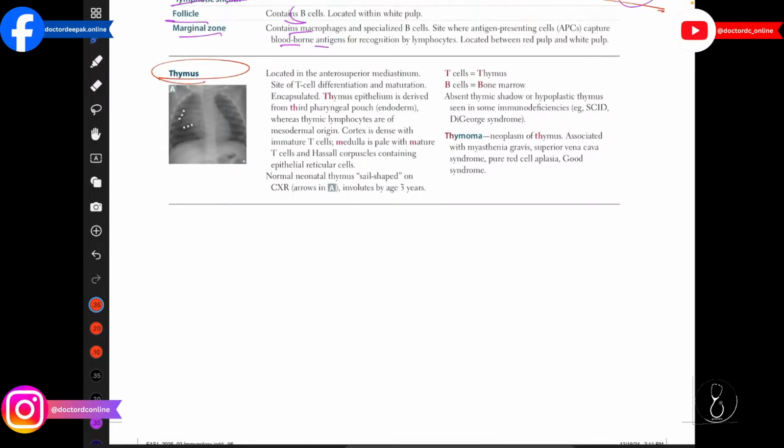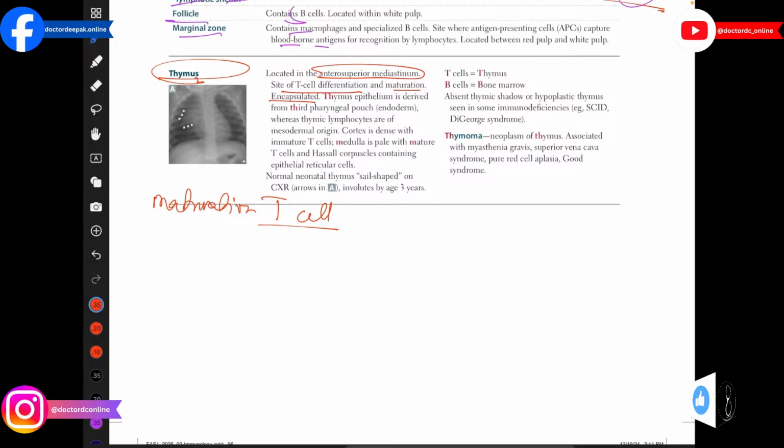Now I'm going to start over the thymus. The thymus is the main organ for the maturation of T cells. It is located in the anterior superior mediastinum, and it is the site of T cell differentiation and maturation, and it is encapsulated.